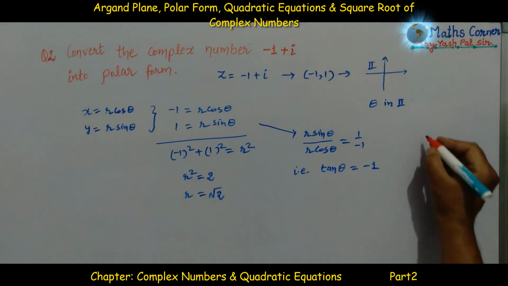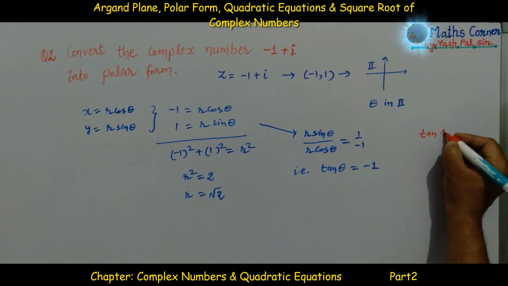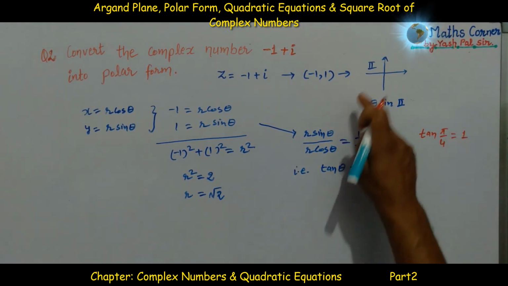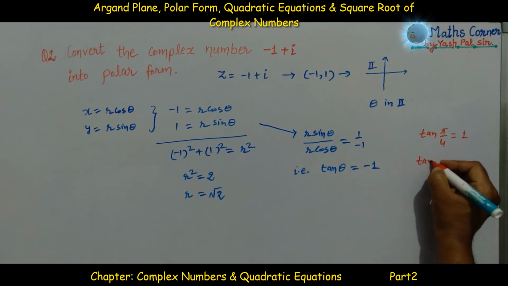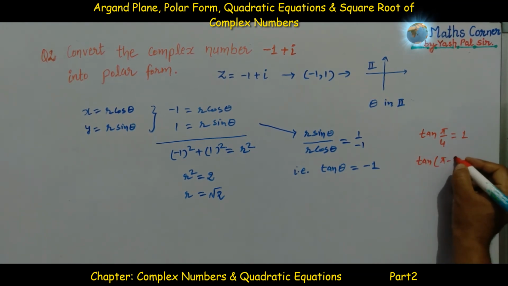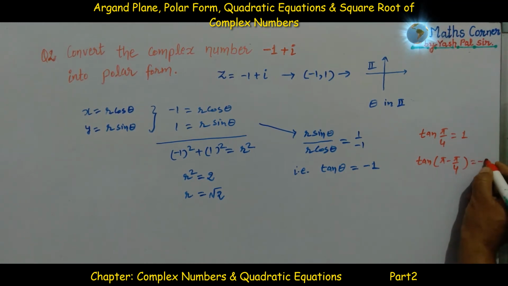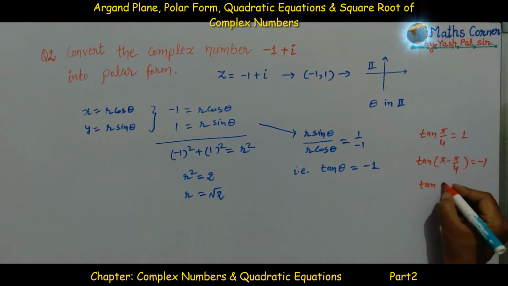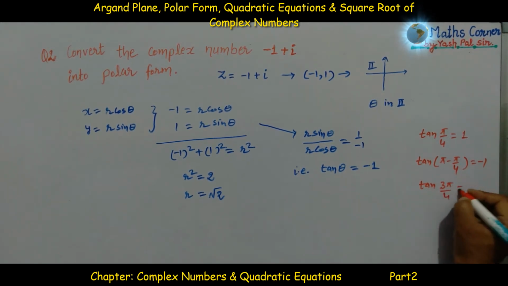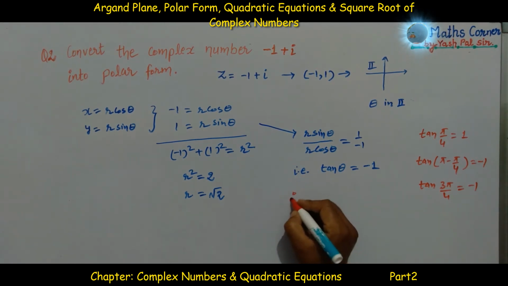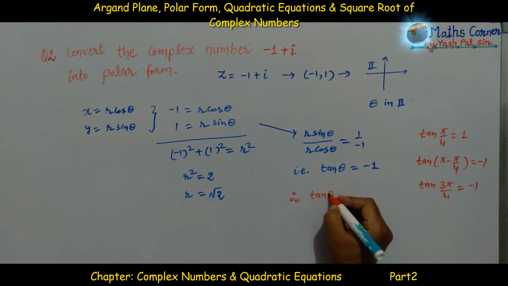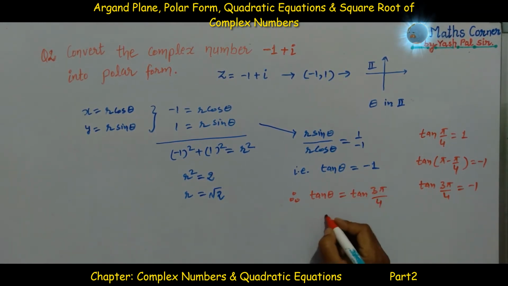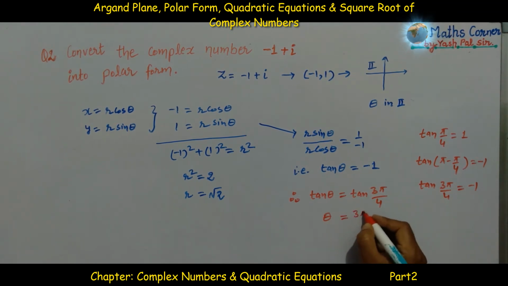Now we know that tangent of pi by 4 is equal to 1, but in the second quadrant, tangent of pi minus pi by 4 is equal to minus 1. So this is the requirement, that is, tangent of 3 pi by 4 is minus 1. So tangent theta equals tangent 3 pi by 4, that is, the value of theta is 3 pi by 4.